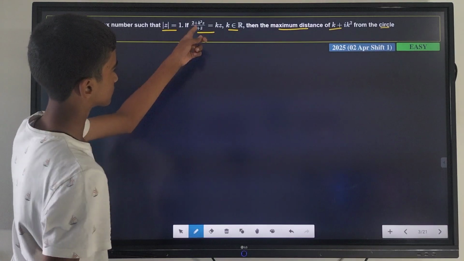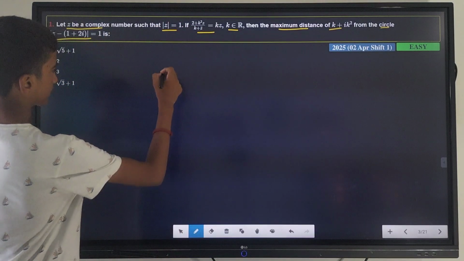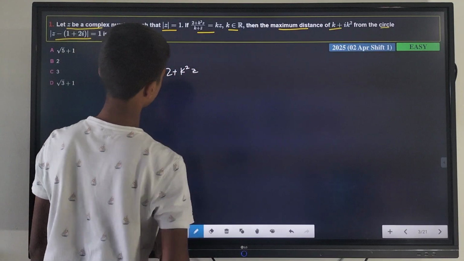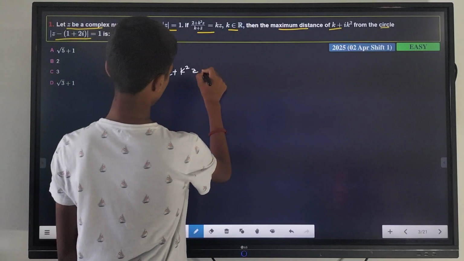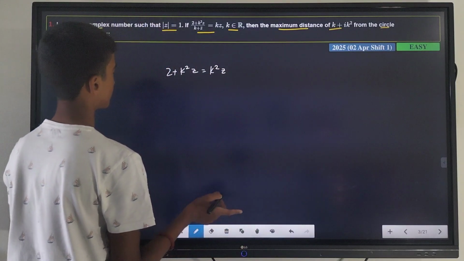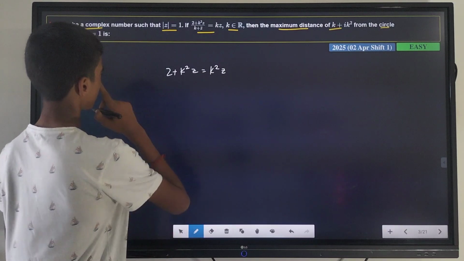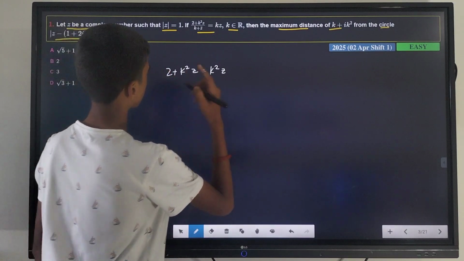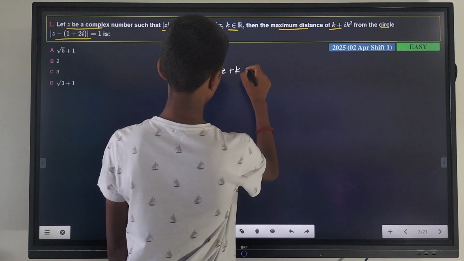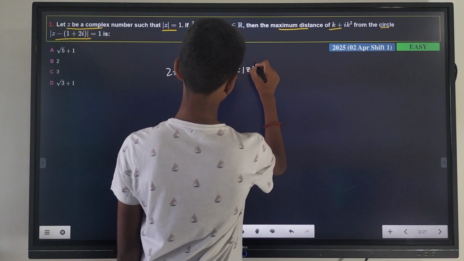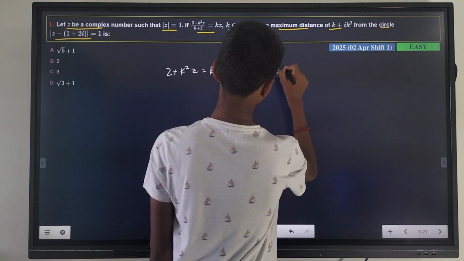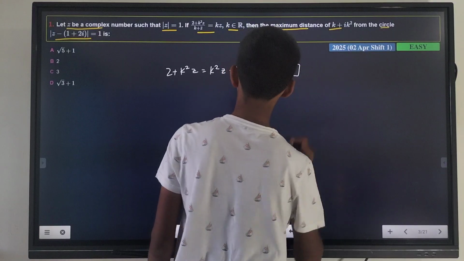So first let's cross multiply this equation. We will get 2 plus k square z is equal to k square z, and z into z conjugate will be mod of z square plus k mod of z square, and our mod of z is equal to 1.